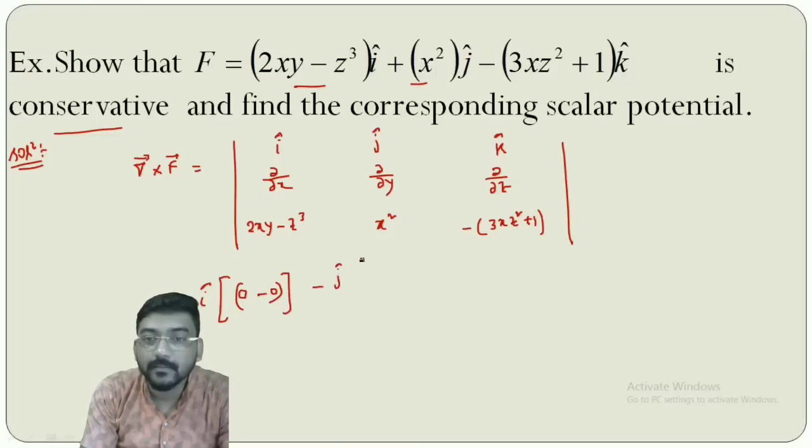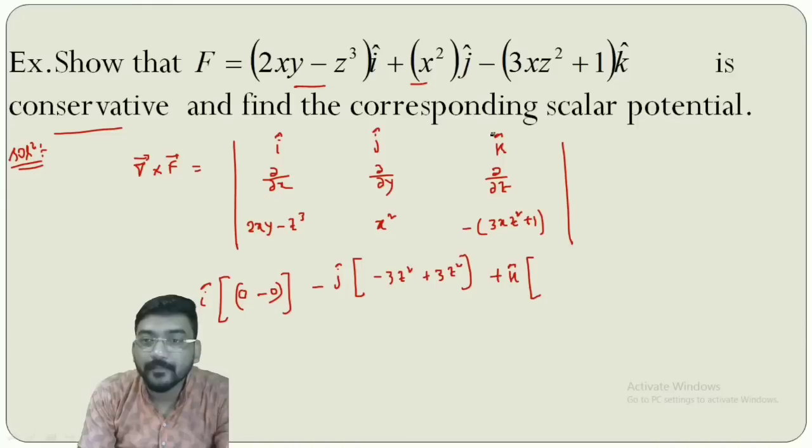Minus j cap times del x of this, which is minus 3z square, and minus del z of this, which will be plus 3z square. Plus k cap times this and this: del x of this is 2x, minus del y of this is 2x.